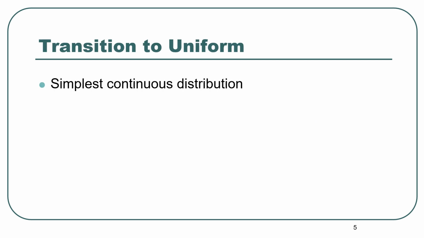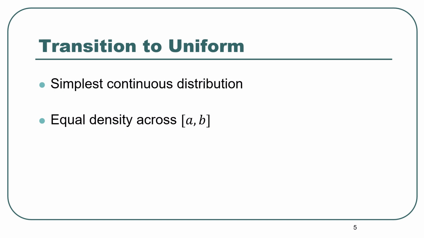The simplest continuous distribution is the uniform distribution, and here we will find out that my random variable x that is distributed as a continuous uniform distribution has equal density across the interval a to b.